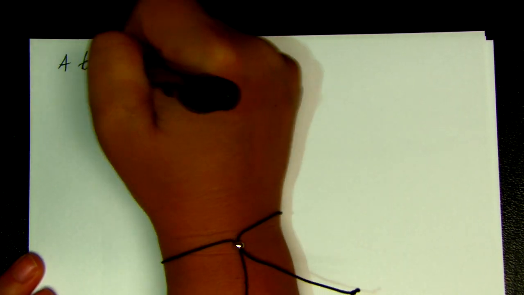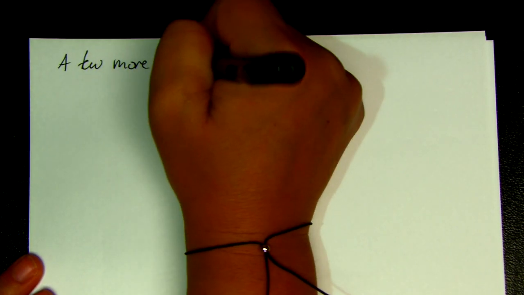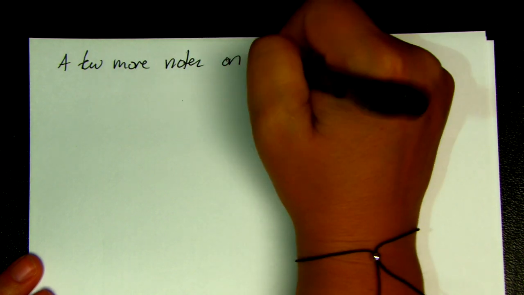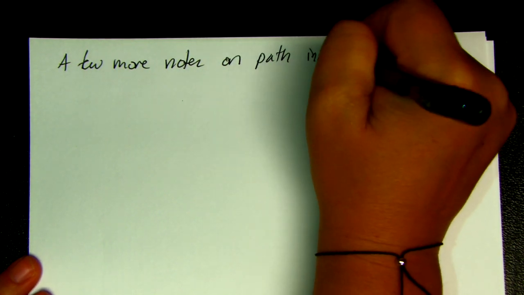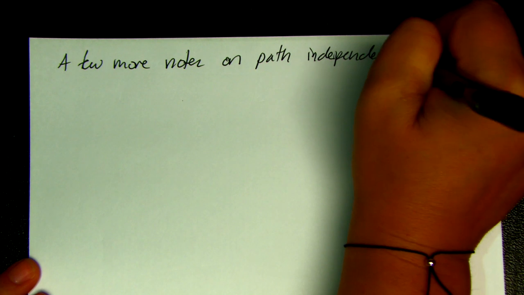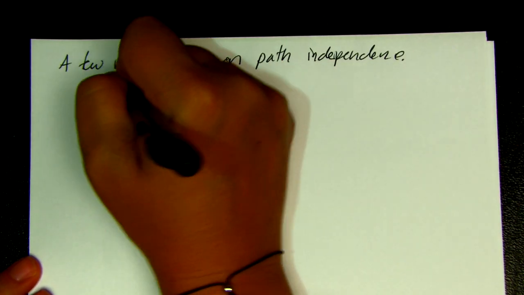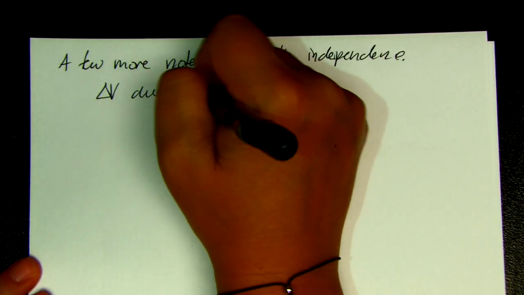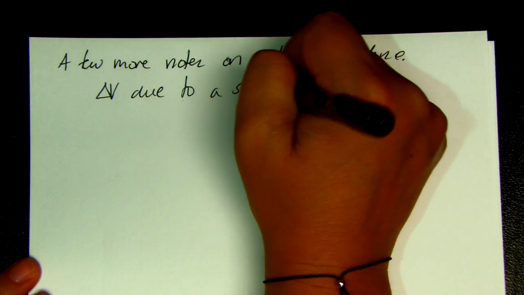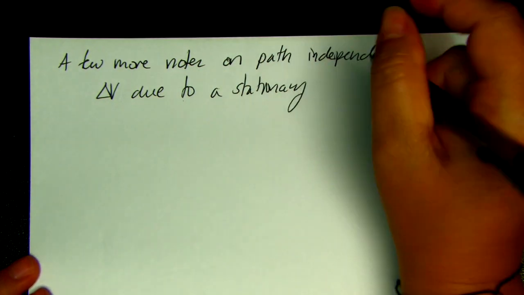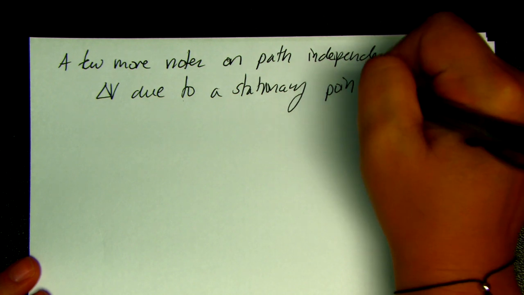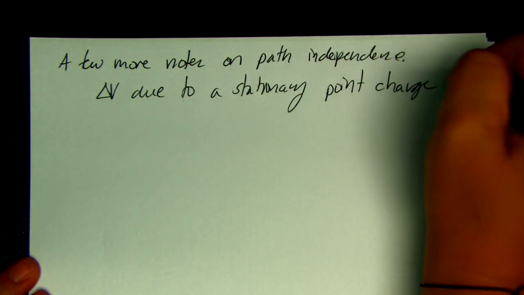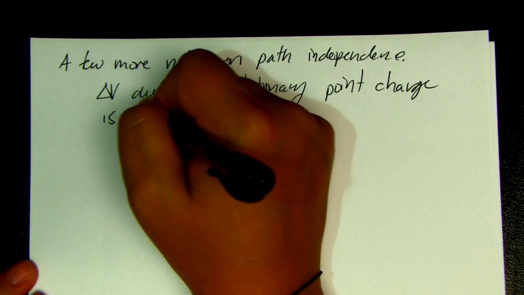Okay, so a couple more notes on path independence. So delta V, due to a stationary charge, is independent of path.